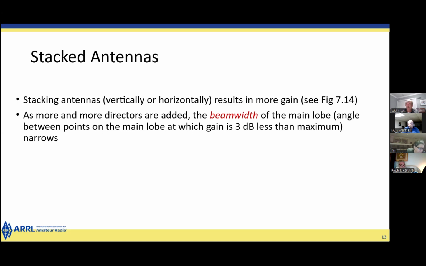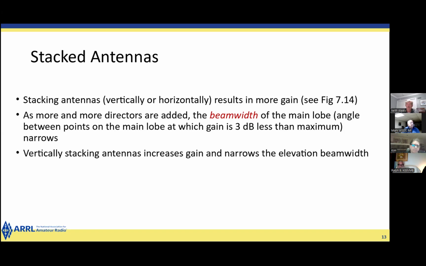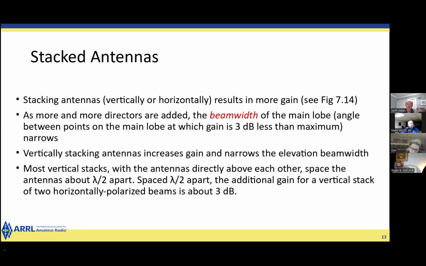The beam width of the main lobe between the points on the main lobe give you a greater gain. Vertical stacking the antennas increases the gain and narrows the elevation beam.